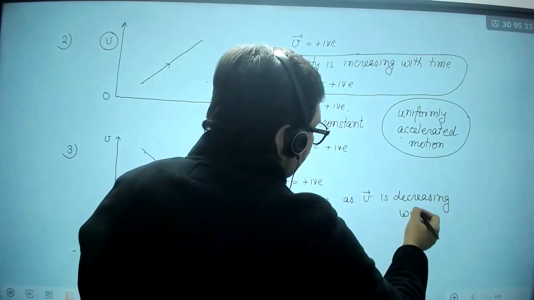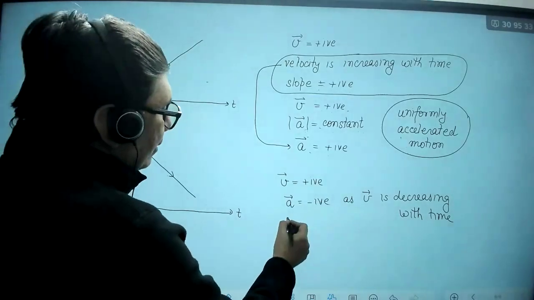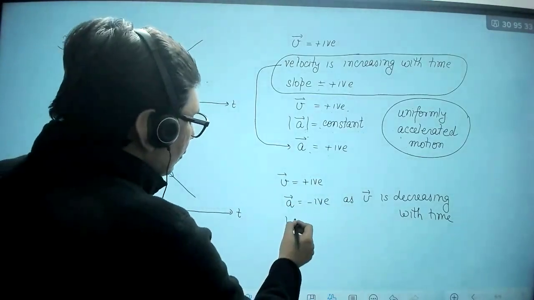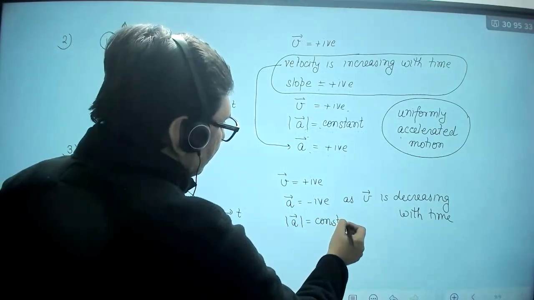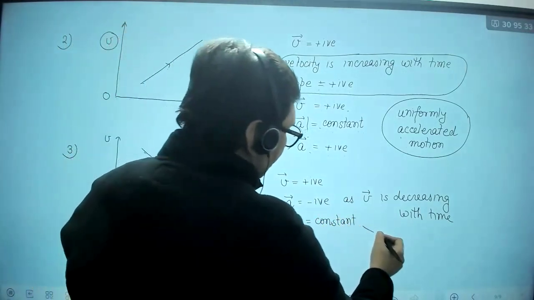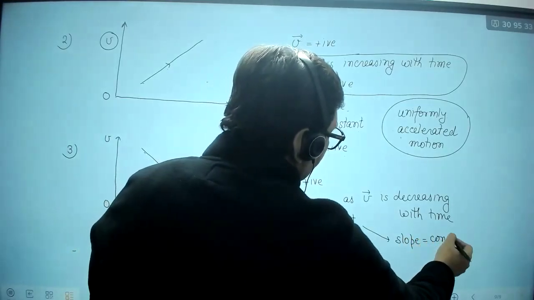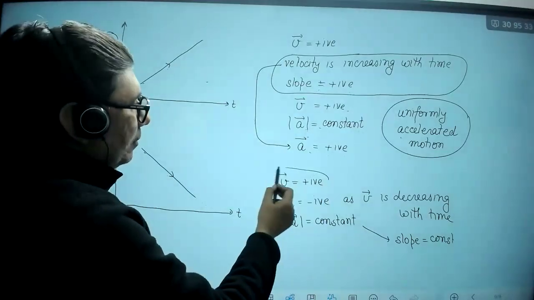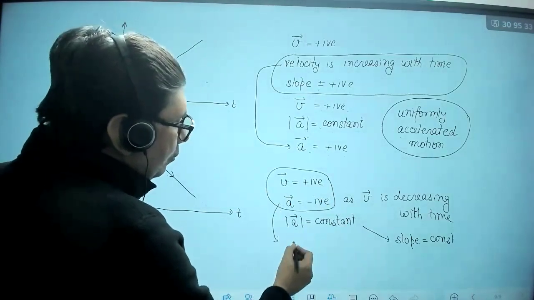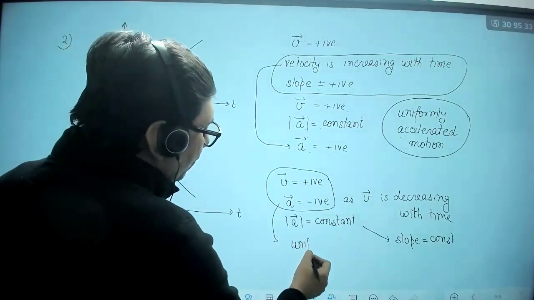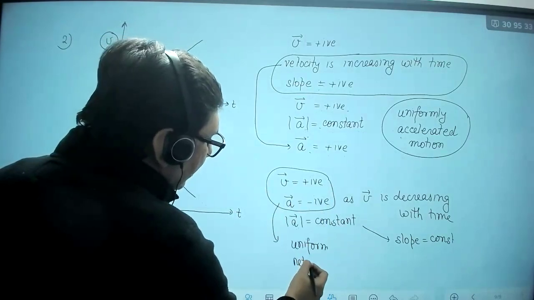And the slope is constant, so the magnitude is constant. The slope is negative but constant. So V is positive and A is negative, and these two combined are saying uniform retarding motion.